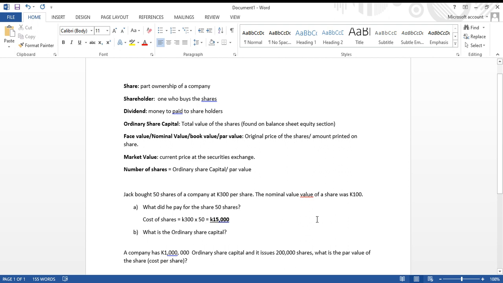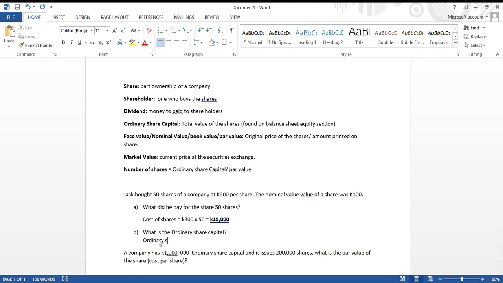The next question is, what is the ordinary share capital? What is the total nominal value of the shares? On the balance sheet of this company, under the equity section, there should be an amount which represents the total value of the ordinary shares. And this is the ordinary share capital. So 50 shares multiplied by the nominal value.